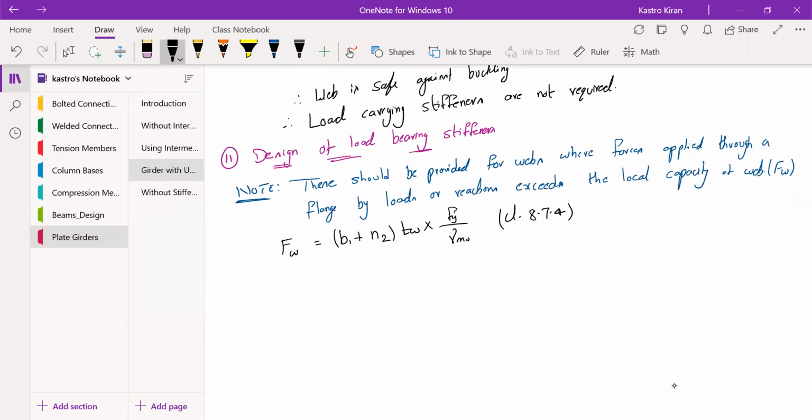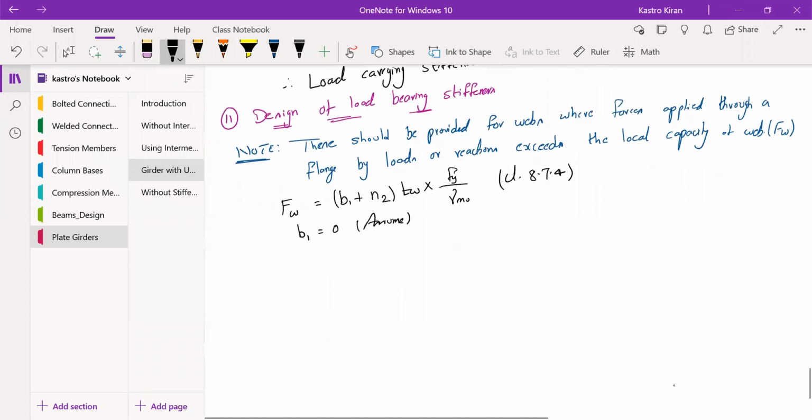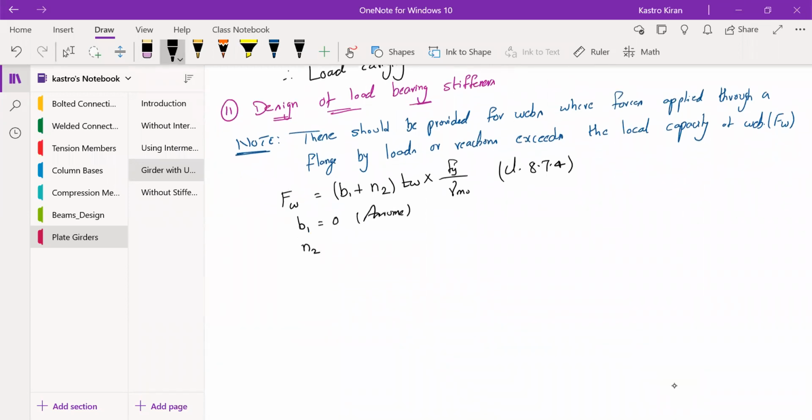And here, when you have a combination of loads, the value of B1 is taken as 0. It is just an assumption. So when you have a combination of loads, directly take the value of B1 as 0. And the value of N2 is taken as 2 times the thickness of the flange, which is 40, times 25.